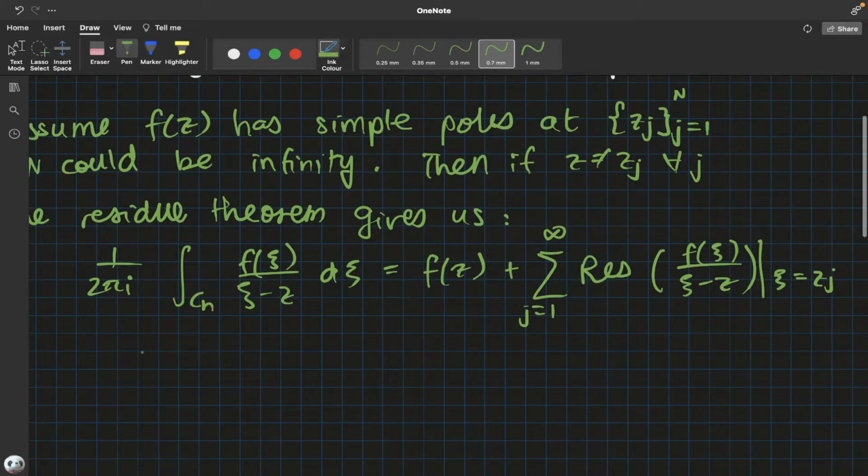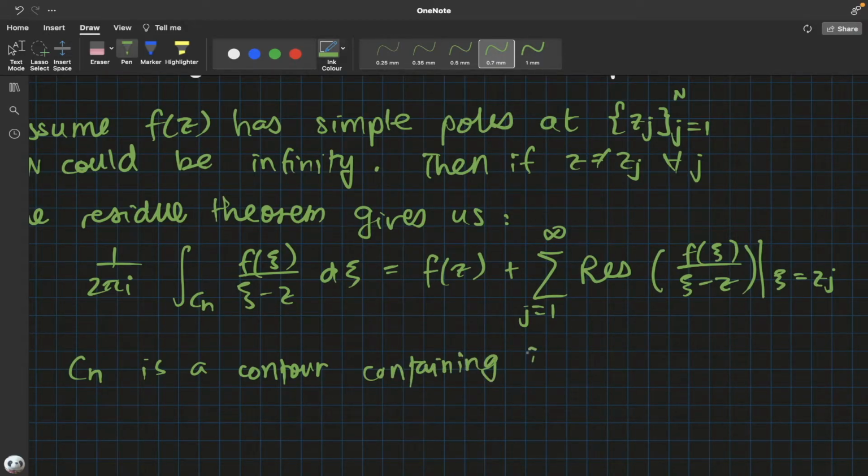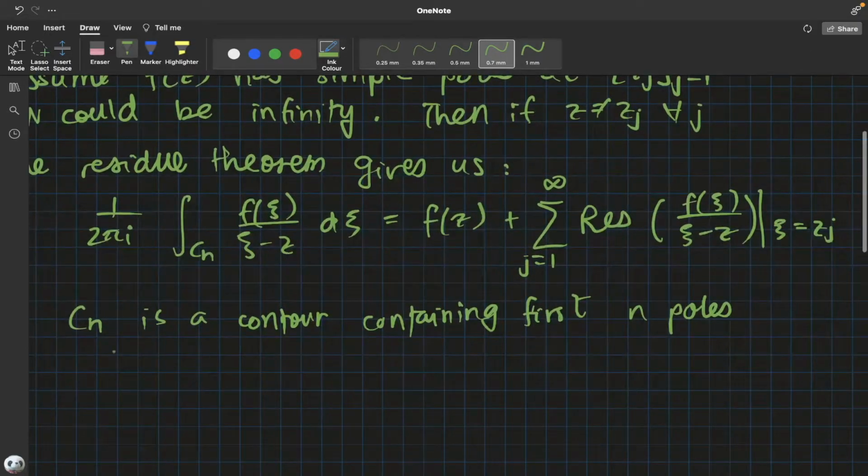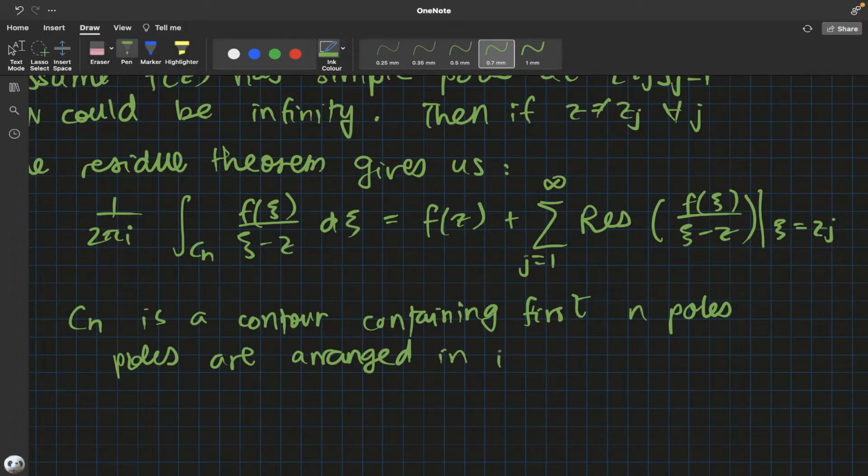That's the residue theorem, where C_n is a contour containing the first n poles, and we assume that they are arranged in increasing absolute value.